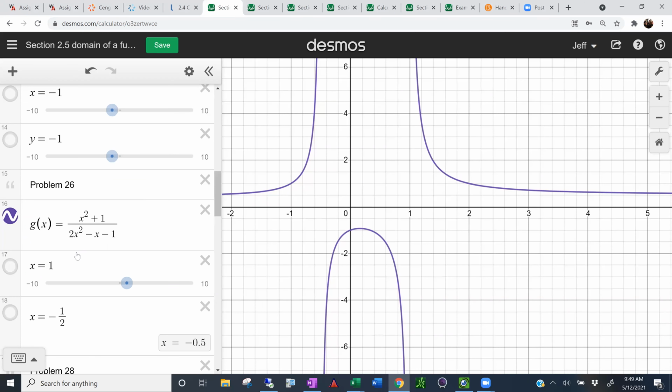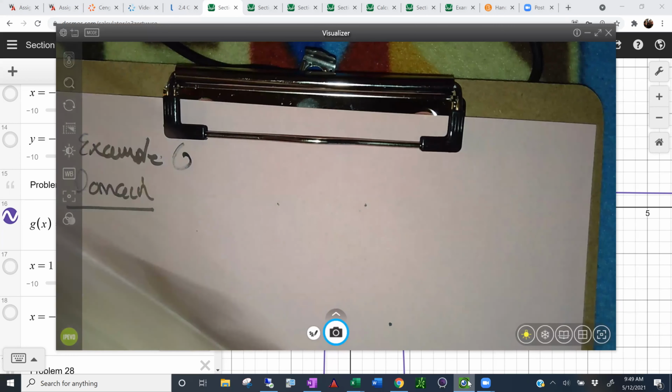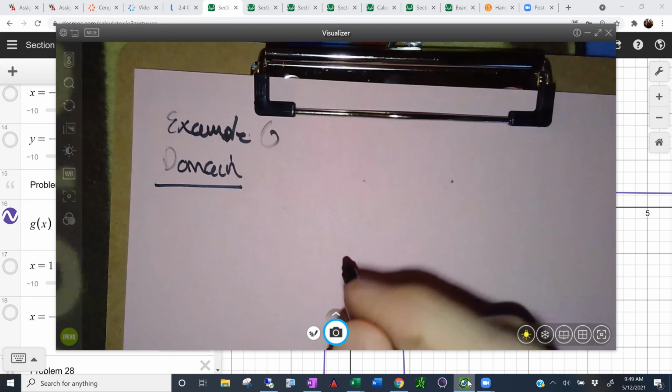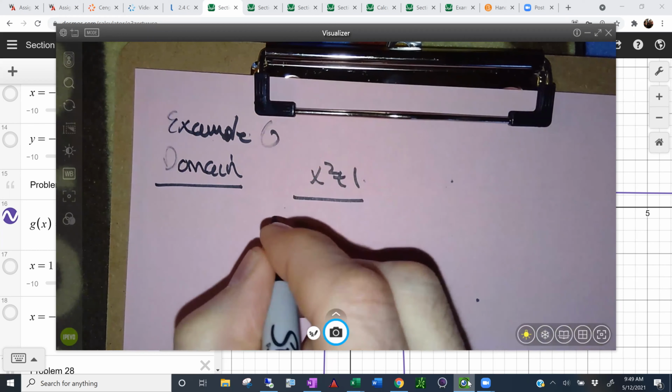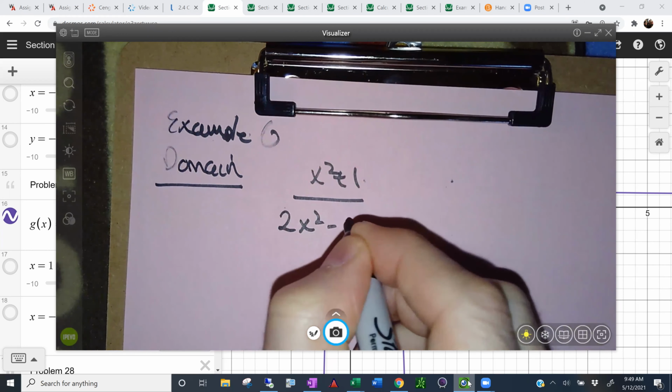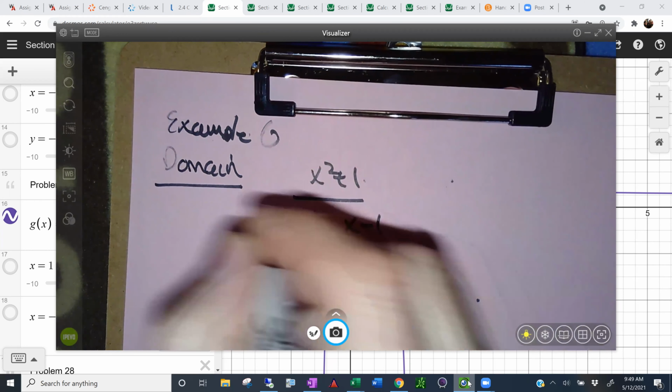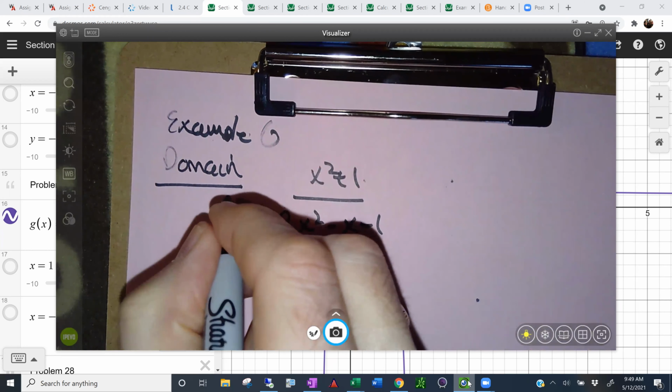And this would make this example G. So the domain of x squared plus 1 over 2x squared minus x minus 1. And call that, say, f of x.